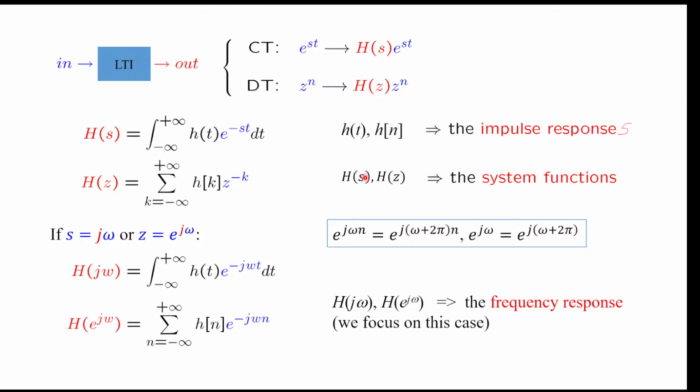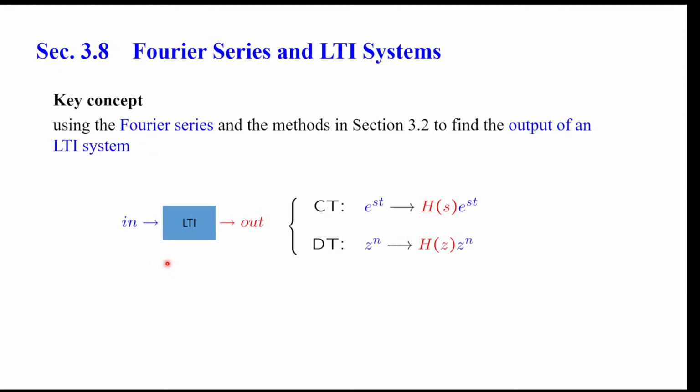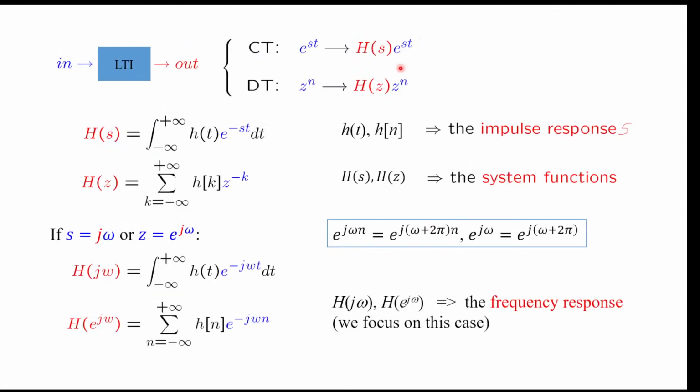Okay, so far is review, and now we can try to connect back to our harmonic series. In harmonic series, we are decomposing our periodic signal into complex exponentials, but the special kind of complex exponential where the exponent is purely imaginary.